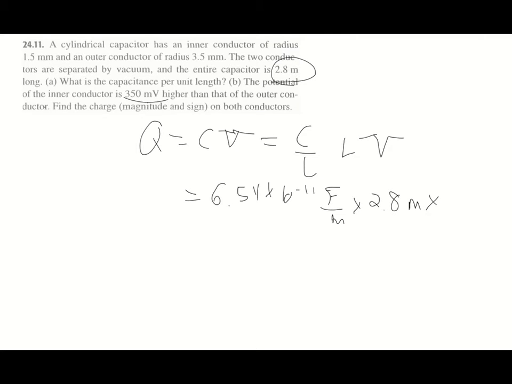And they tell us the voltage, 350 millivolts, which I'm going to convert to volts. Those divide out. Farads times volts is going to give me coulombs. When I multiply all that together, I get 6.4 times 10 to the negative 11 coulombs. Like I said, that was a lot easier than the first part.